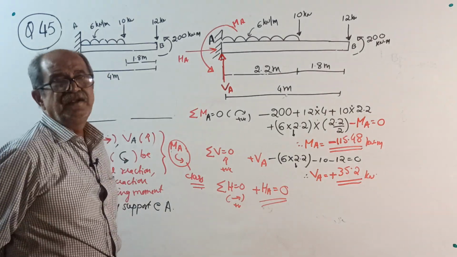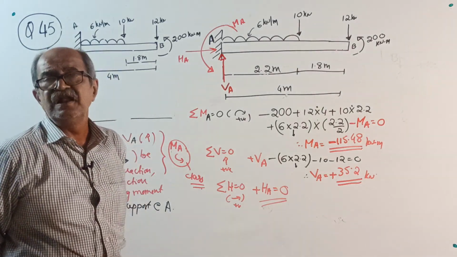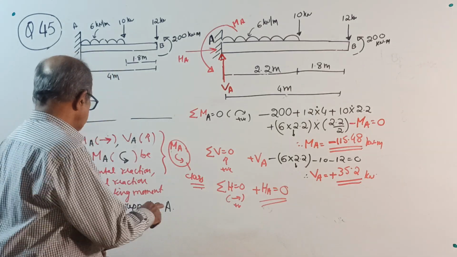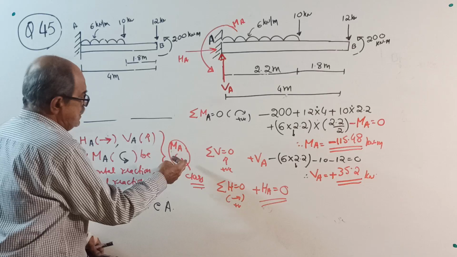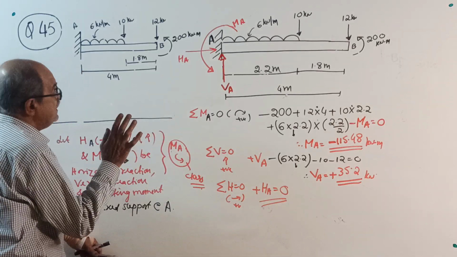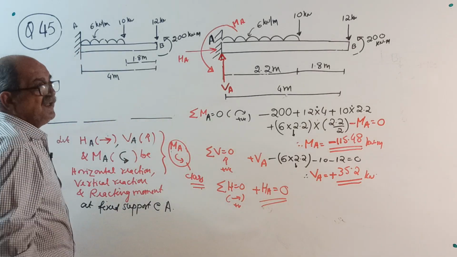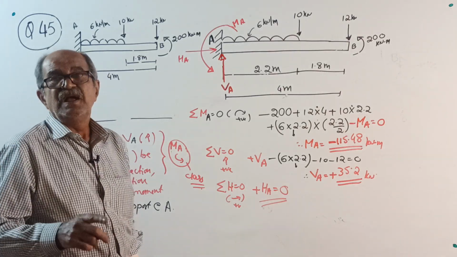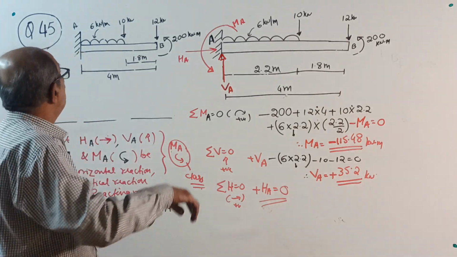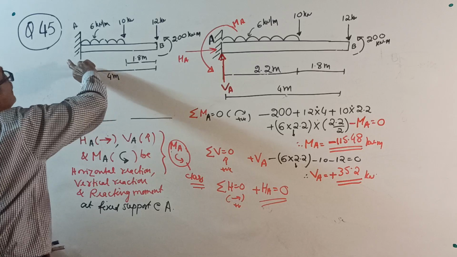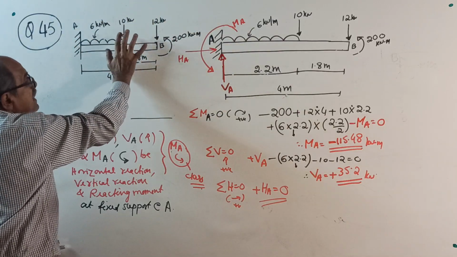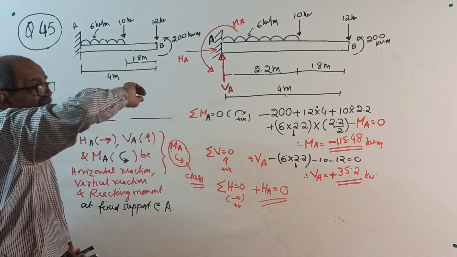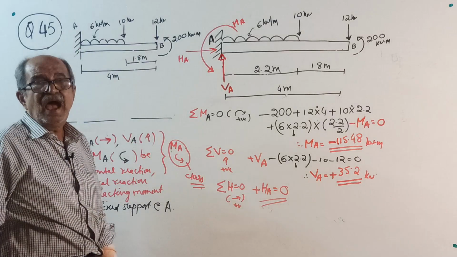These are the horizontal reaction, vertical reaction and reacting moment at the fixed support at A. Now, I want to discuss why I took MA anti-clockwise. When you decide MA, it is a reacting moment. Whatever is the net moment of the loading system on the beam about the fixed end, that is called action. Reaction is opposite.